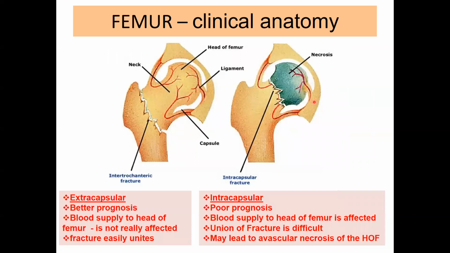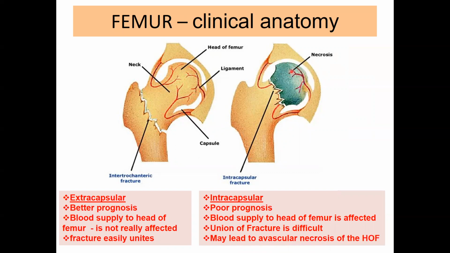Okay, which one has a better prognosis? Obviously, extracapsular. Extracapsular has better prognosis because the blood supply specifically to the head of femur is not really affected. While intracapsular has poor prognosis, the blood supply to the head of femur is affected, and the union of fracture is difficult, and this may lead to avascular necrosis of the head of the femur.